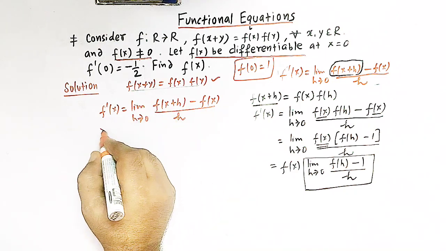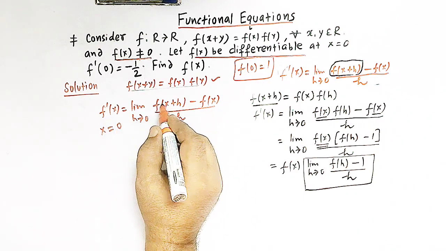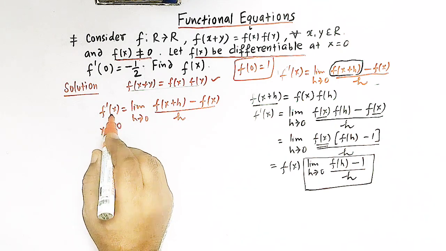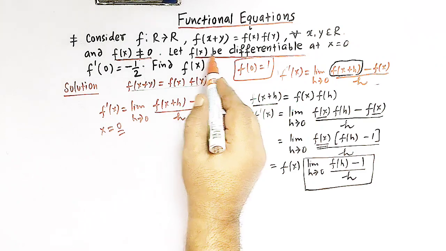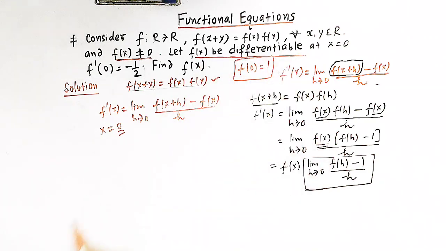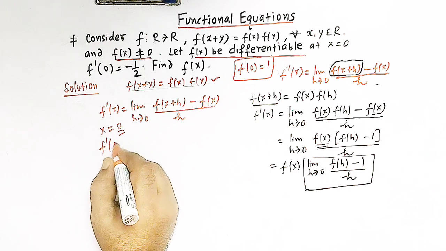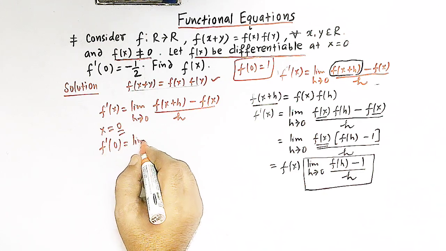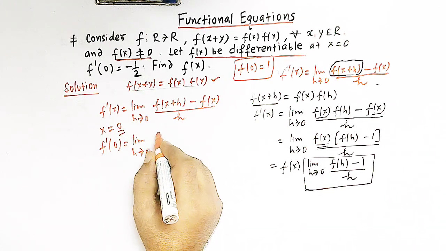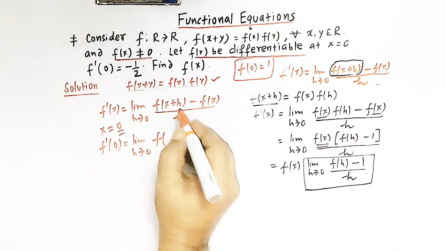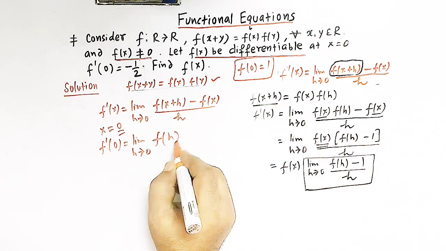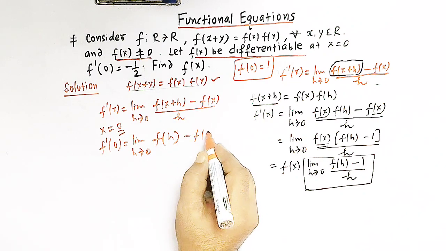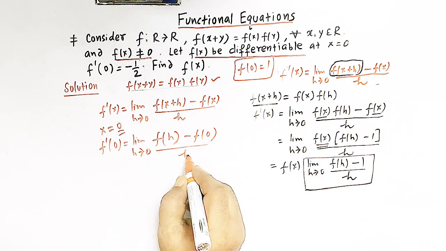Now let us replace x by 0, that is, find the derivative at the point 0, because we are given that f of x is differentiable at x equal to 0. So we have f prime of 0 equal to the limit as h tends to 0 of f of 0 plus h, which is simply f of h, minus f of 0, divided by h.